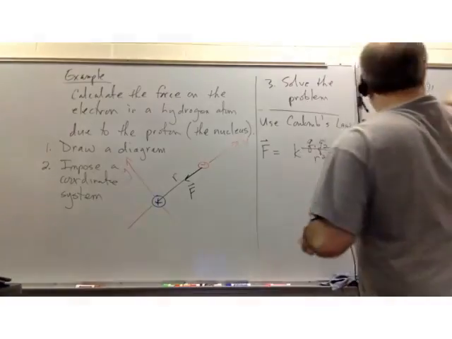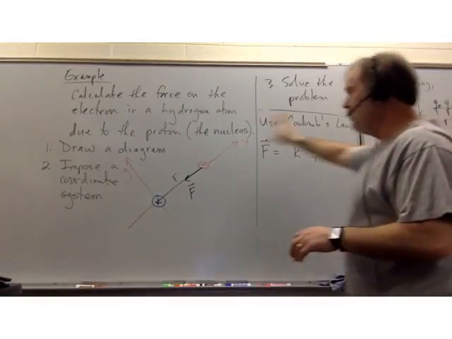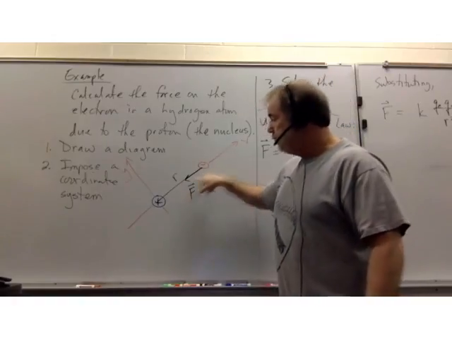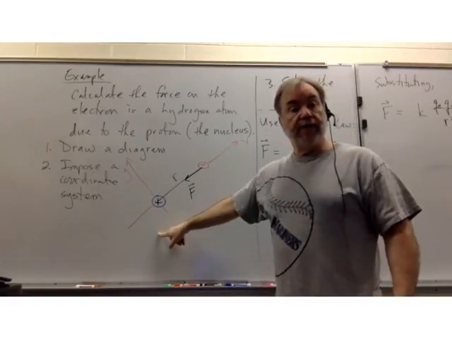Yeah. So as far as what I was starting to say, as far as the direction of our force is concerned, I mentioned that a moment ago, and that is that the force is pointing in what we define to be the negative x direction.